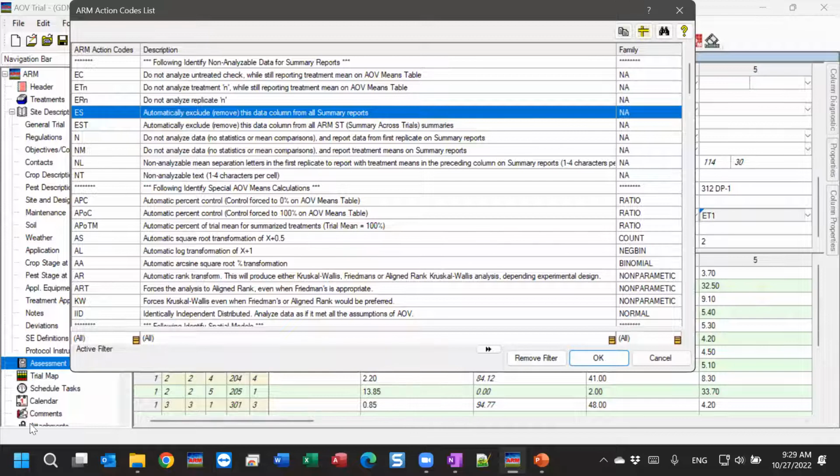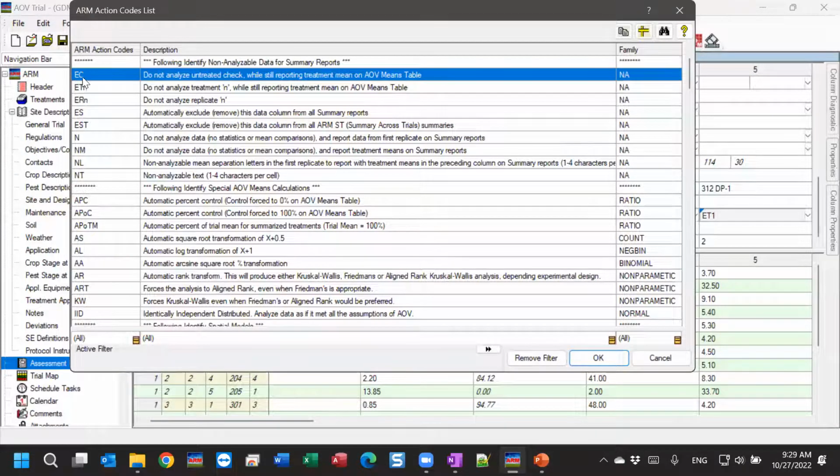Along that same vein, oops, I lost my mouse here. There is also an EC. Just looking at some of these other action codes that you may encounter, the EC is going to throw out the untreated check. So in our case, ET1 and EC are the same. It's going to give us the same results.